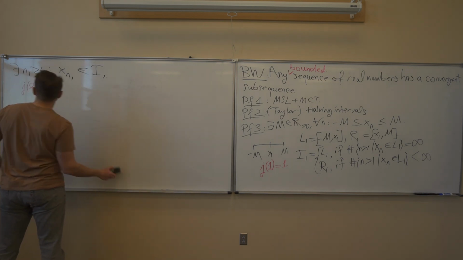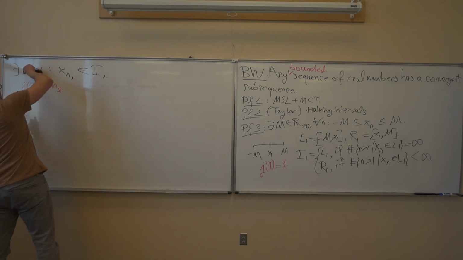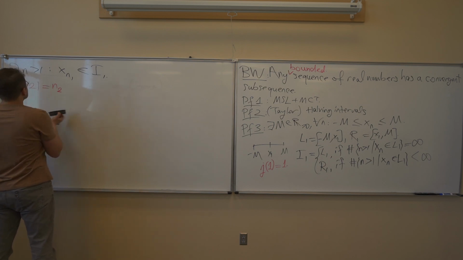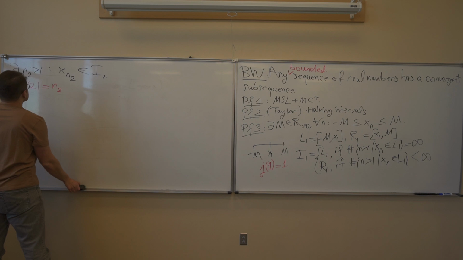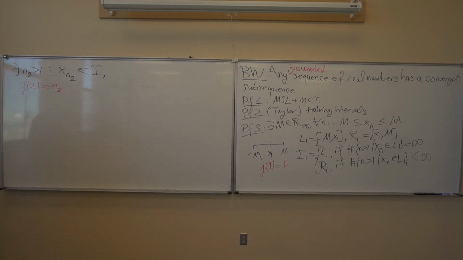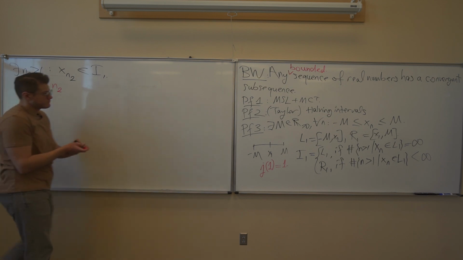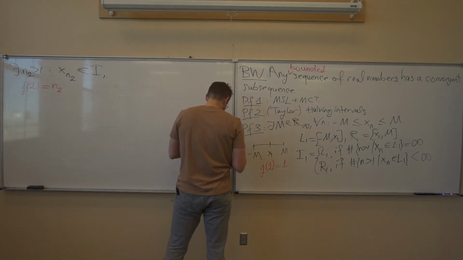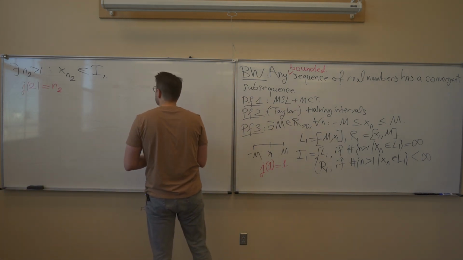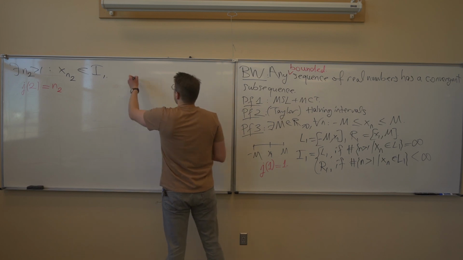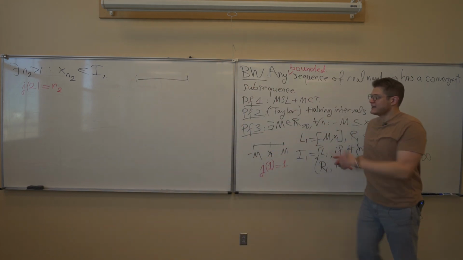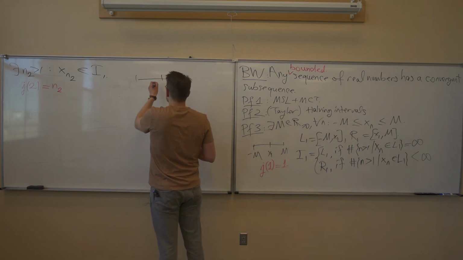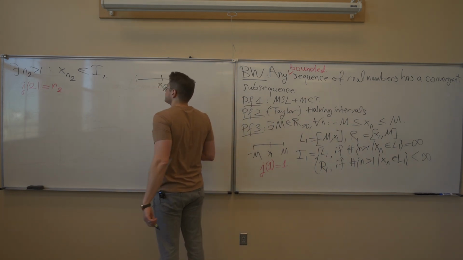Maybe I should have called this n sub 2, to not confuse it too much. And then I keep iterating the same idea. Now I have this interval, I1, and inside it somewhere I have x sub n2.